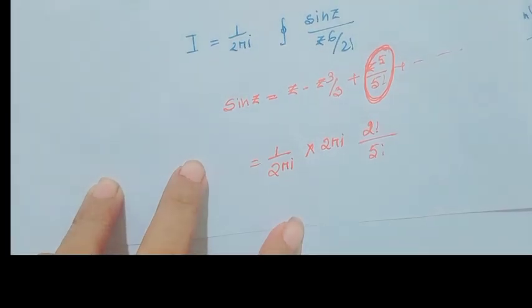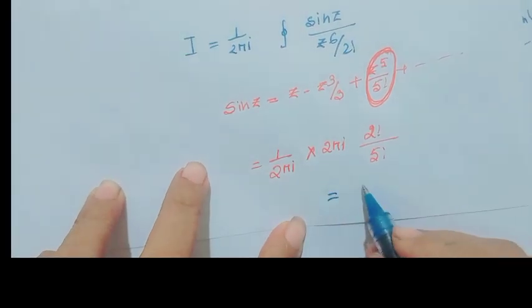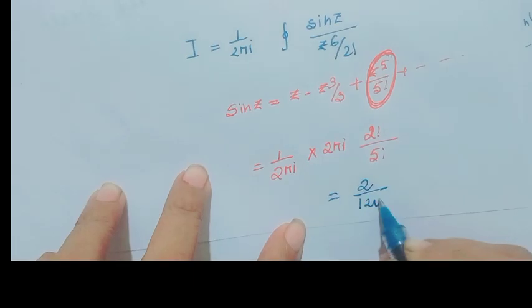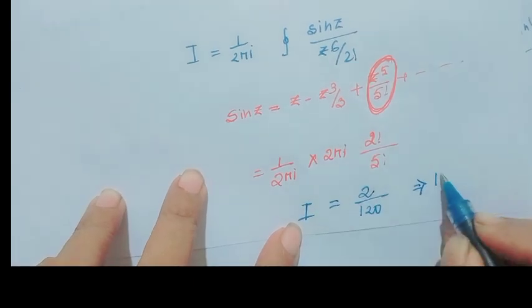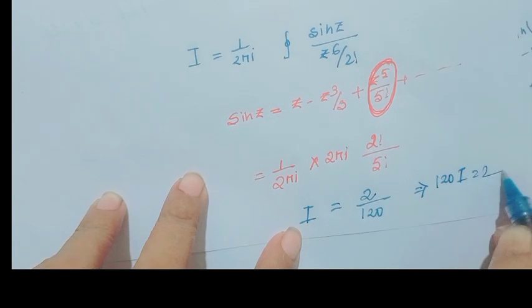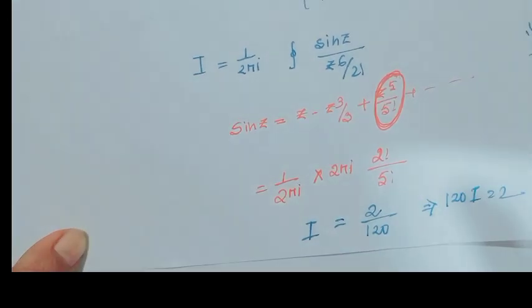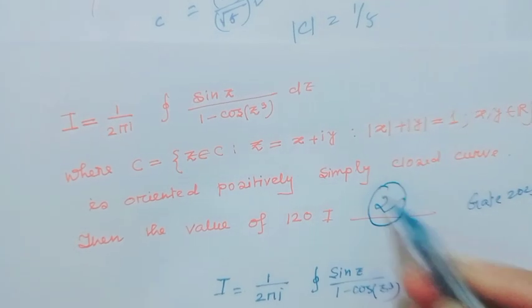That means this value is 2 over 120 equal to I. That means 120 I equals 2. So this value is equal to 2.